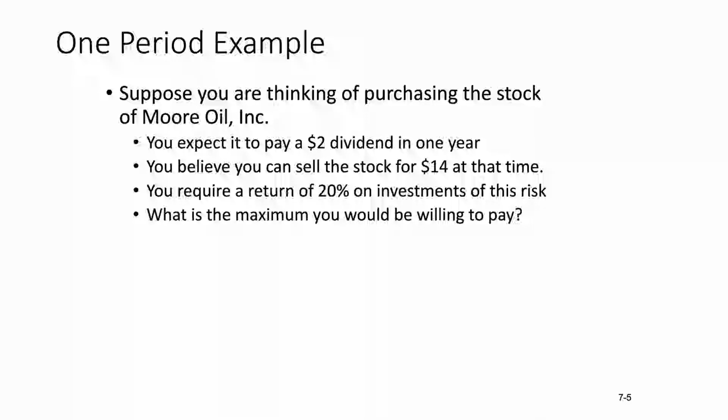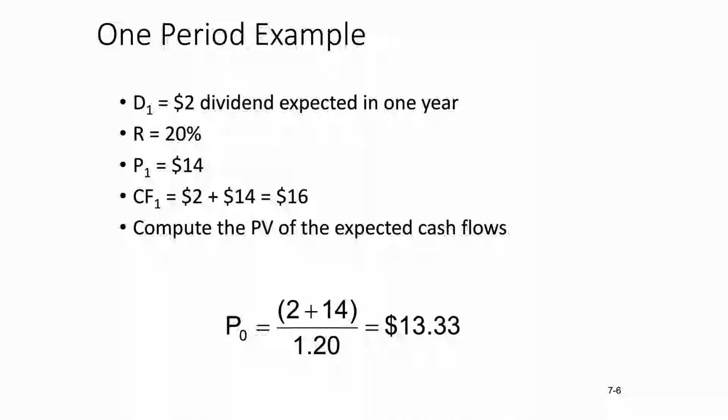Now, you require a rate of return for your investment, because you take a certain risk, you want 20% rate of return, which reflects the risk you are taking. The question is, how much will you pay for this stock? Notice, what is the current price you will pay?